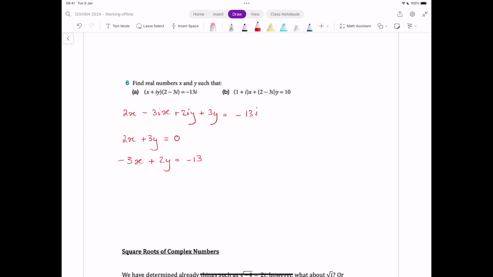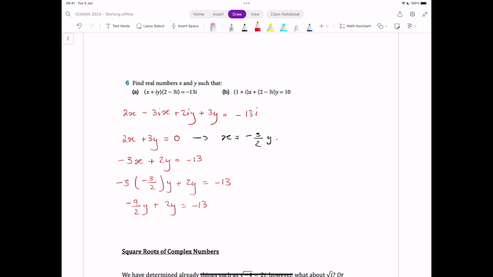Okay, we have a go at solving these simultaneous equations. We might make x the subject of the first one here. So x is going to equal minus 3 on 2 y. Substitute that into my second equation: minus 3 times minus 3 on 2 y plus 2y equals minus 13. So we've got minus 9 on 2 y plus 2y equals minus 13.